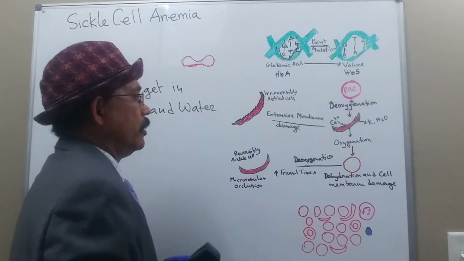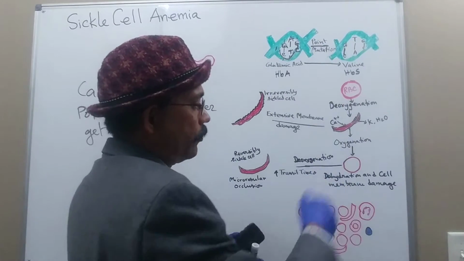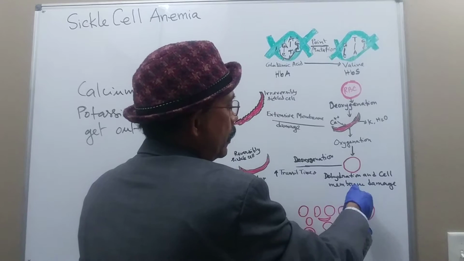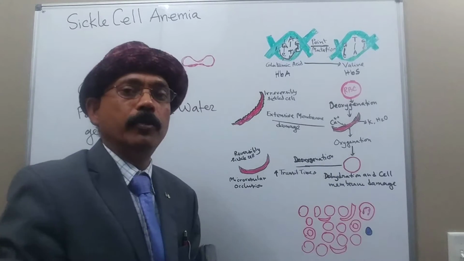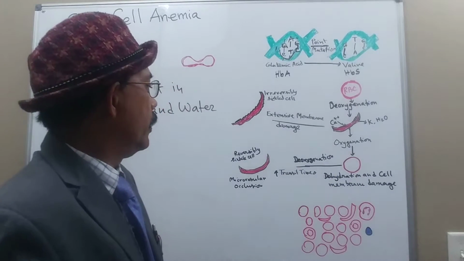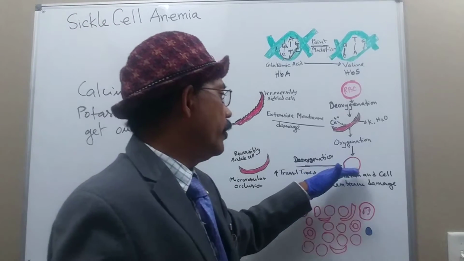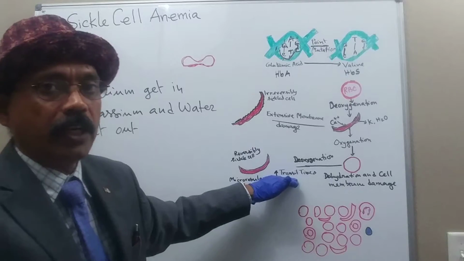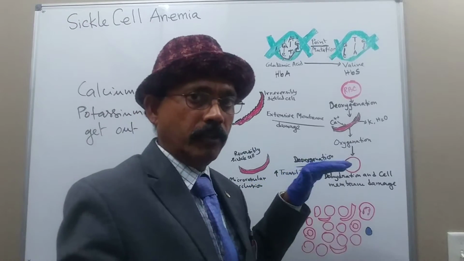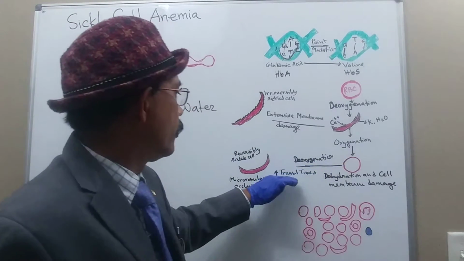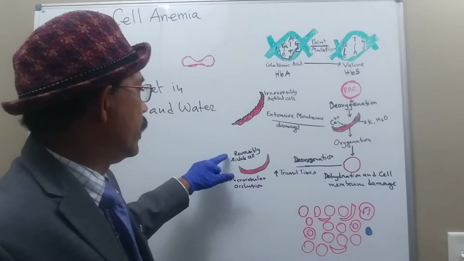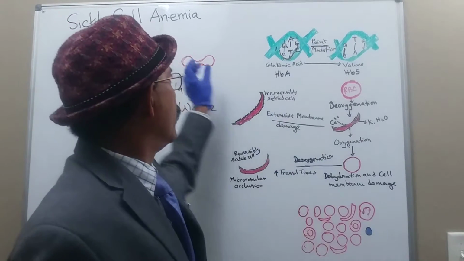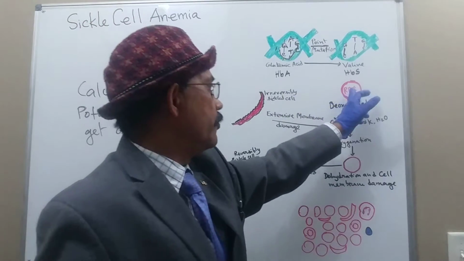But if this cycle continues, then the cell membrane will be changed and become sticky. When it passes through the spleen, where there is very high transit time through the splenic sinusoids, it may not regain this shape.